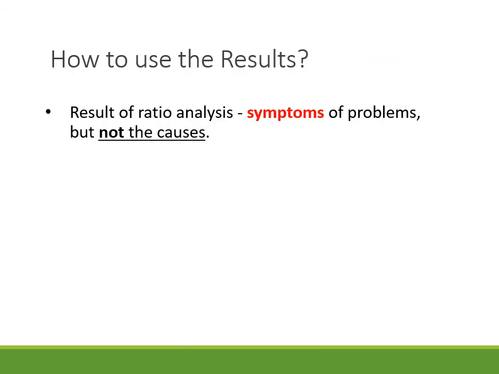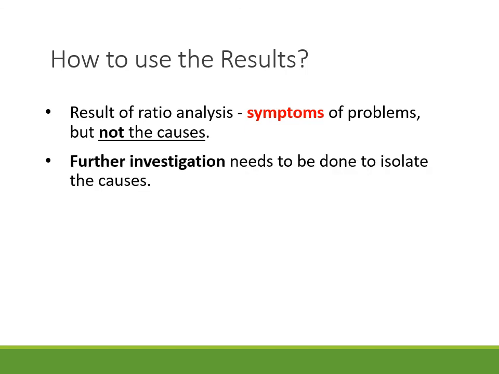How do you use the results? The results of ratio analysis tell you the symptoms of the problem, but not the cause. So further investigation needs to be done in order to isolate or identify the cause.